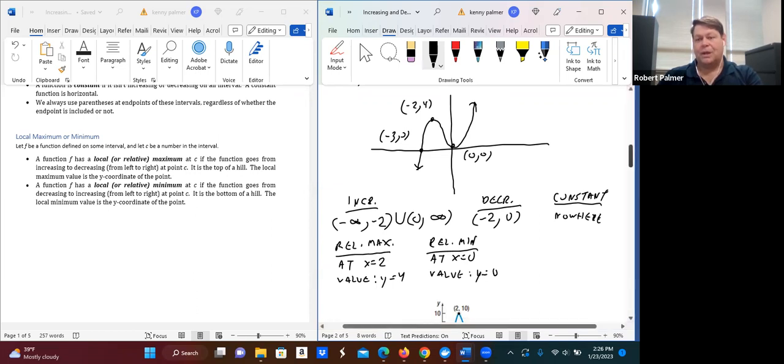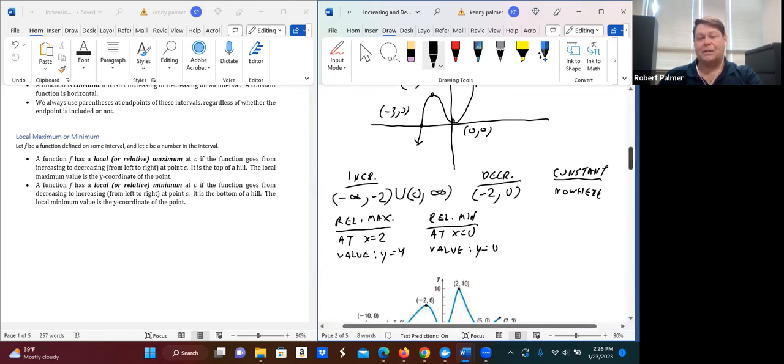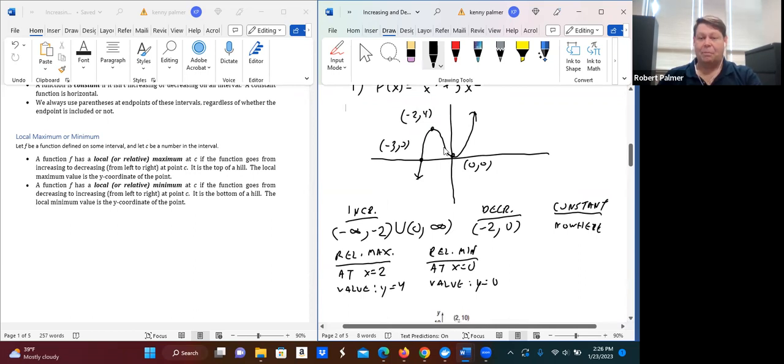Okay. Now, once again, like the graph we showed a minute ago, these are not the highest and lowest points on the entire graph, but these are relative maximum and minimum values, the top and bottom of hills. So think about this being a roller coaster. This is the top of one of the hills, probably not the highest point, and the bottom of a hill.